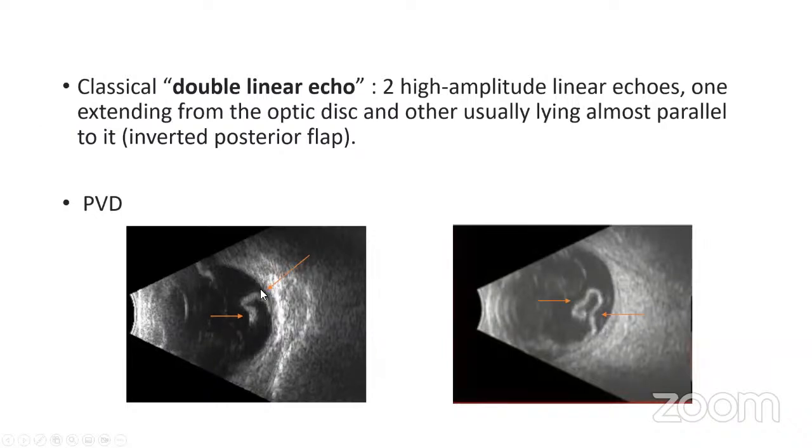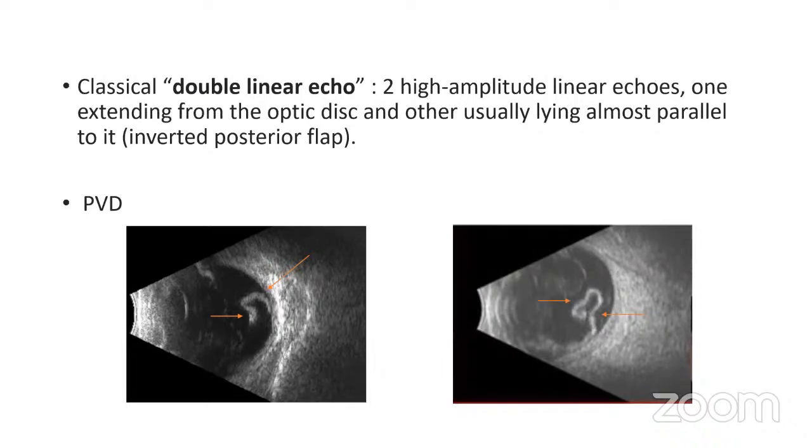Shown by the orange arrow are two high amplitude linear echoes. One extends from the optic disc, and the other one usually lies almost parallel to it, which is actually the inverted posterior flap.